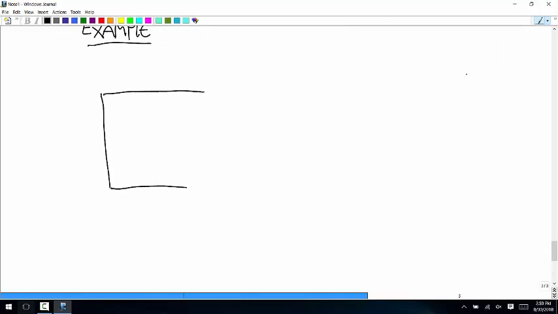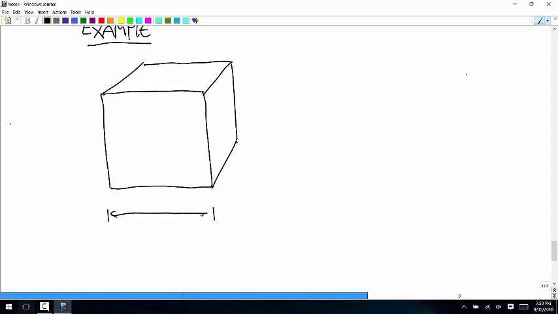Let's say that we have a big block, a big cube, where the length of every side is 1 meter. And we want to know how many little 1 centimeter cubes would fit inside this box.